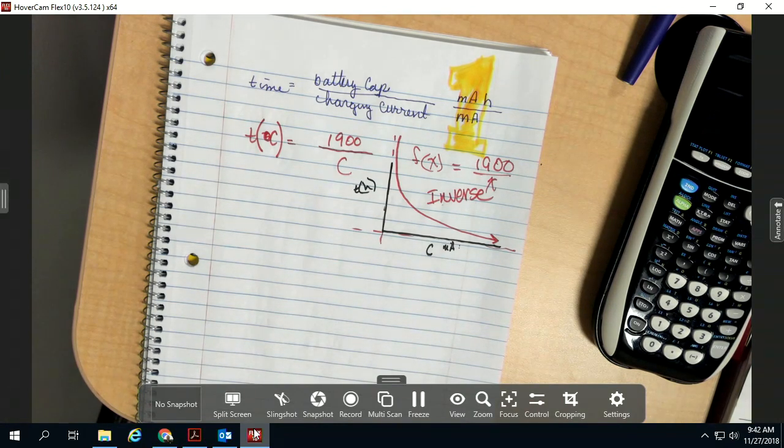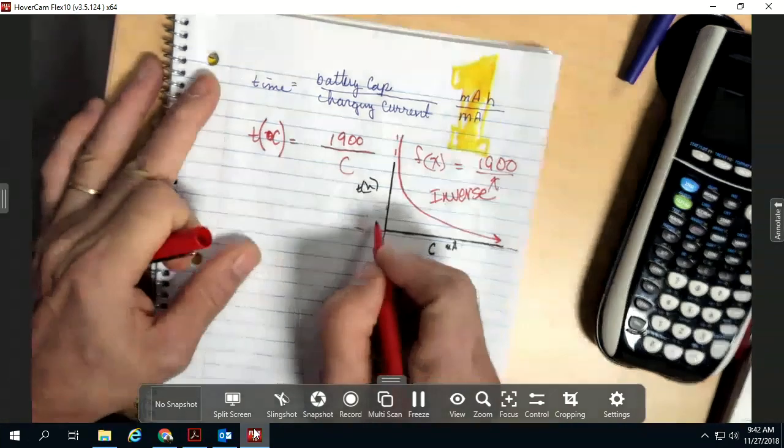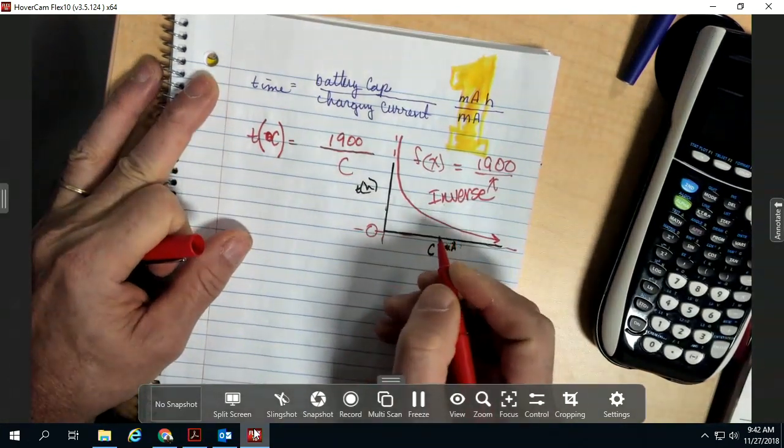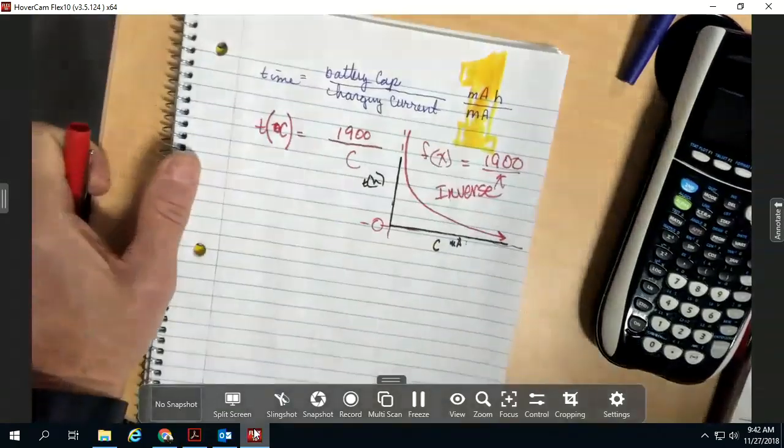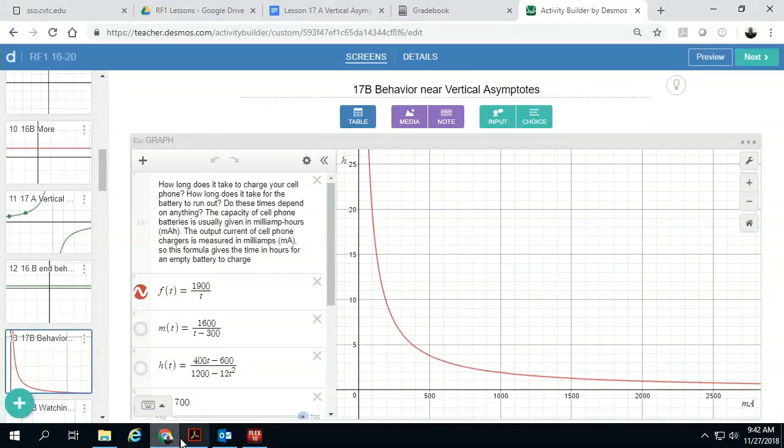Consider output values between 0 and 12. So here's 0, 12 is right up here. Consider these output values.